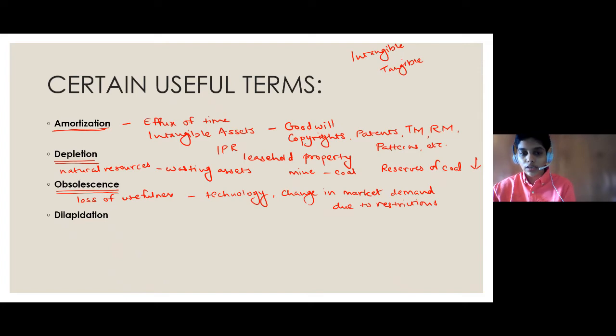For example, in recent times, one of the favorite consumer products, Maggi, was banned in India because it was found to have certain ingredients which were not medically fit for consumption by the people.